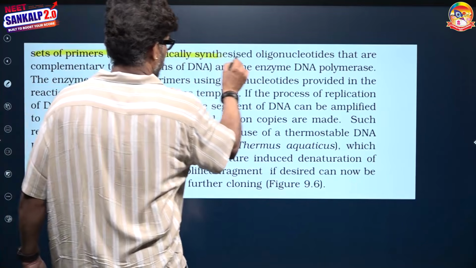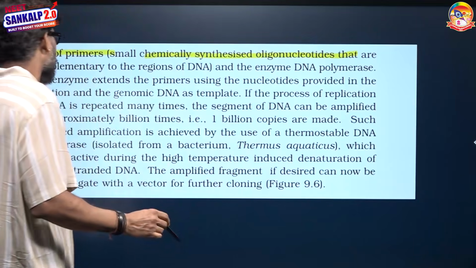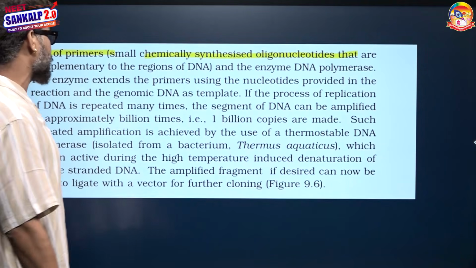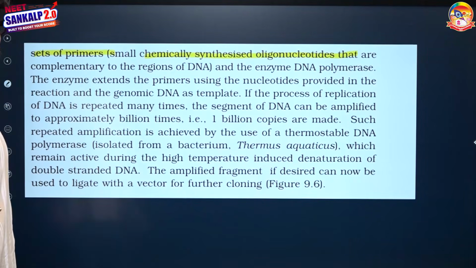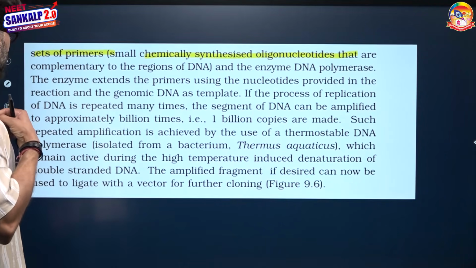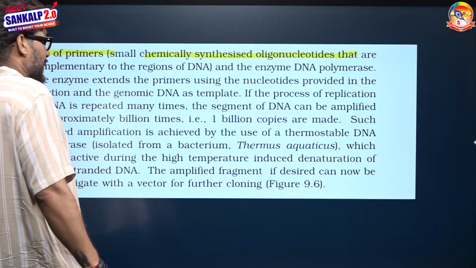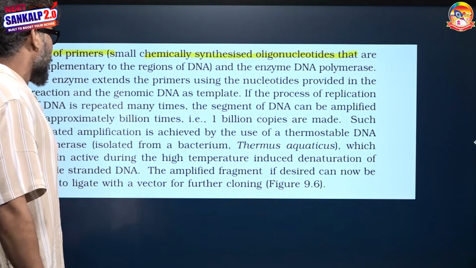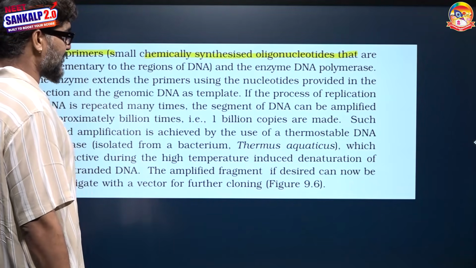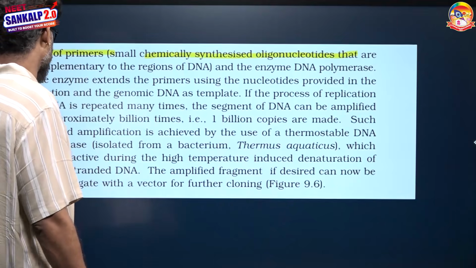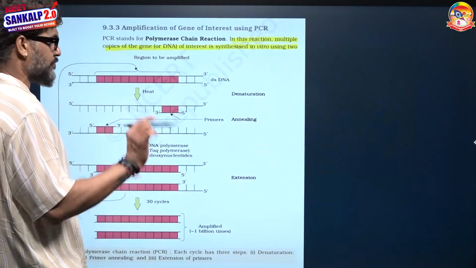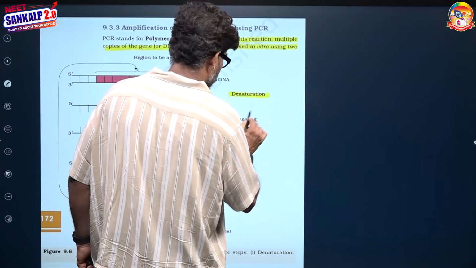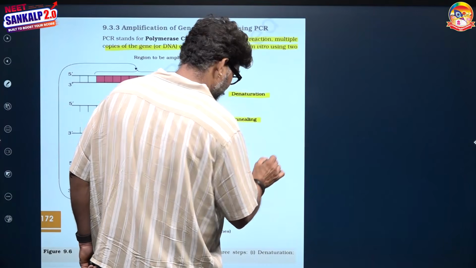These primers are chemically synthesized oligonucleotides complementary to regions of the DNA, and the enzyme DNA polymerase is used here. The enzyme extends the primer using the nucleotides provided in the reaction, with the genomic DNA as a template. Just keep the steps: number 1 denaturation, number 2 annealing, number 3 extension.